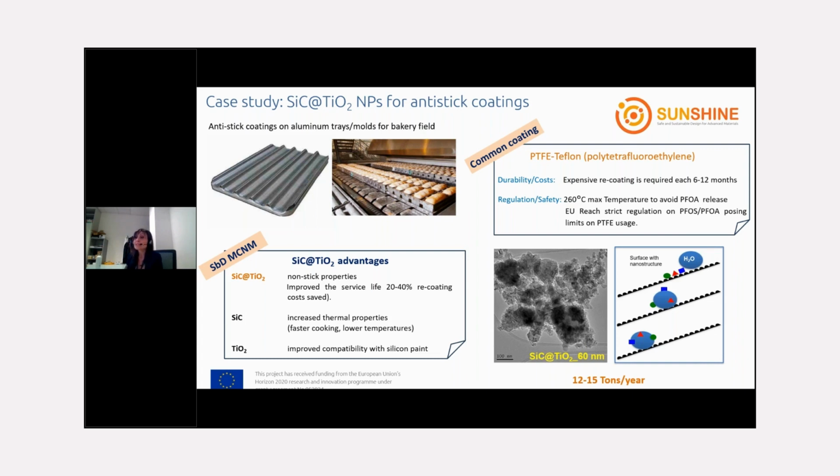Also, the silicon carbide has very good thermal properties, able to improve the cooking cycles at low temperature and to improve the durability of the coating. The titanium shell is added in order to improve the compatibility of the silicon carbide with the silicone paint, that is the paint applied on the aluminum trays.